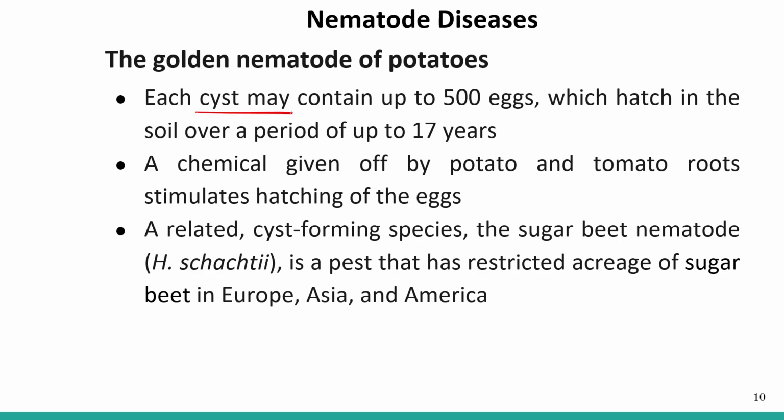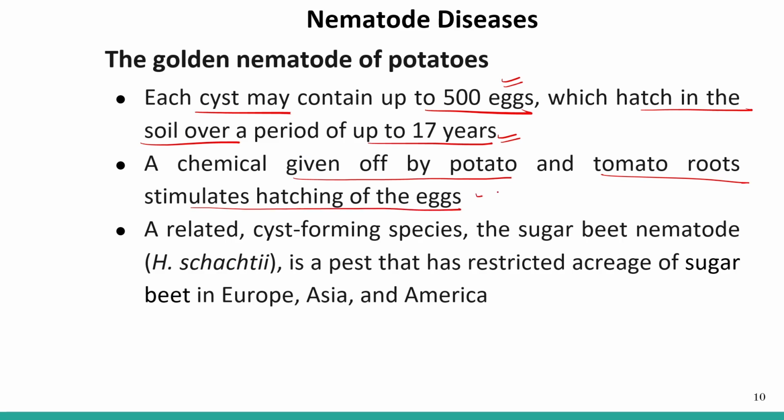Each cyst may contain 500 eggs, which hatch in the soil over a period of 17 years. So they can be present in the soil for so many years, and when they hatch out, they give out new nematodes. The chemical given off by potato and tomato roots stimulates the hatching of the eggs.